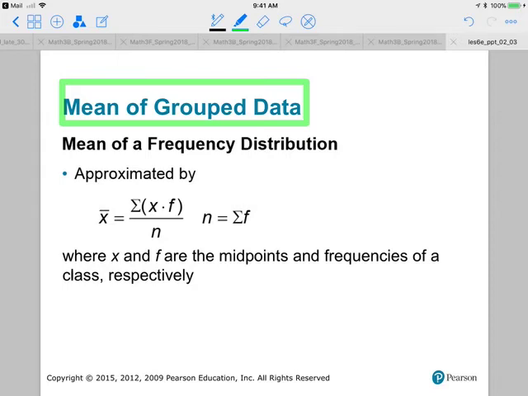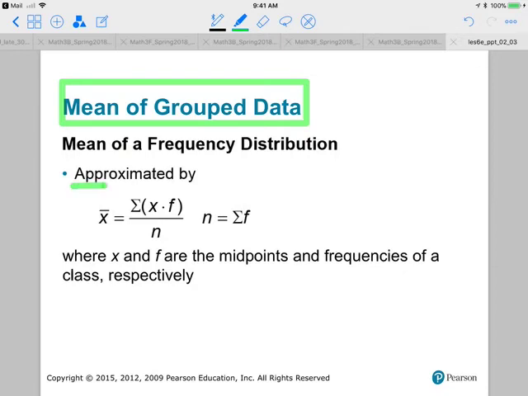What's the difference between the mean of a distribution and the mean of a data set? Well, if you have a data set, you can create a distribution from that data set, and you can find the mean of the data set. Now imagine you have only a distribution. You don't have your original data, you just have the frequency distribution of the data.